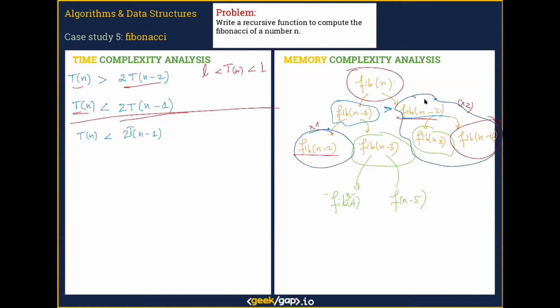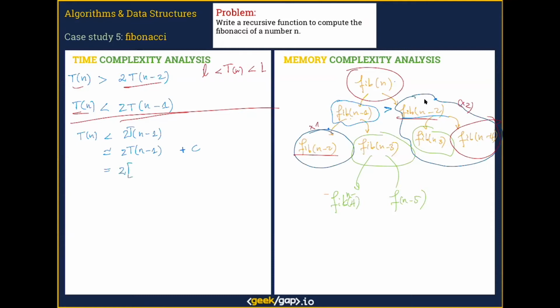It's roughly equivalent to 2 T of n minus 1, given that we add some constant time to it. So we can approximate it like this, and once we do it like this, we carry on. It's now equal to 2.